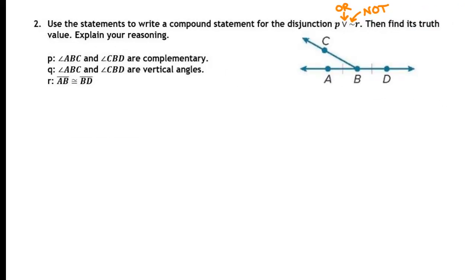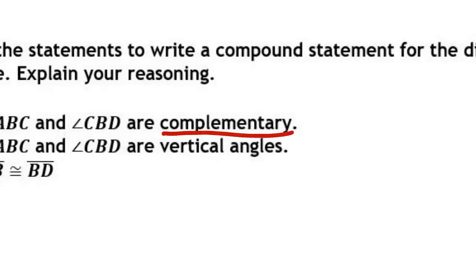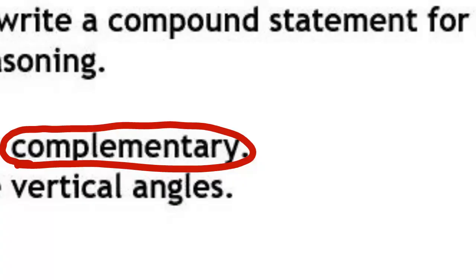Angle ABC and angle CBD are complementary. What does complementary mean again? Add up to 90 degrees. So together they make a right angle. Is that true or false? Do angle ABC and angle CBD make a right angle? No, so this would be false.